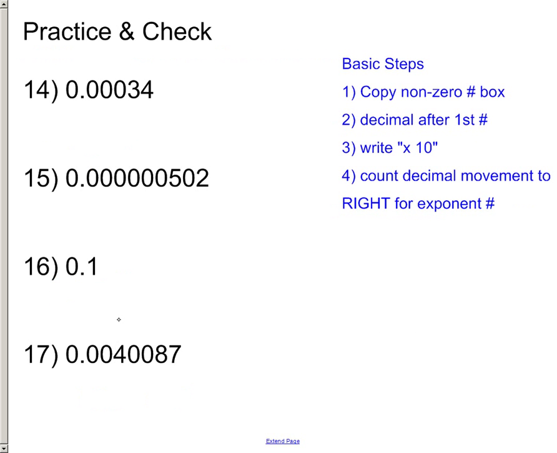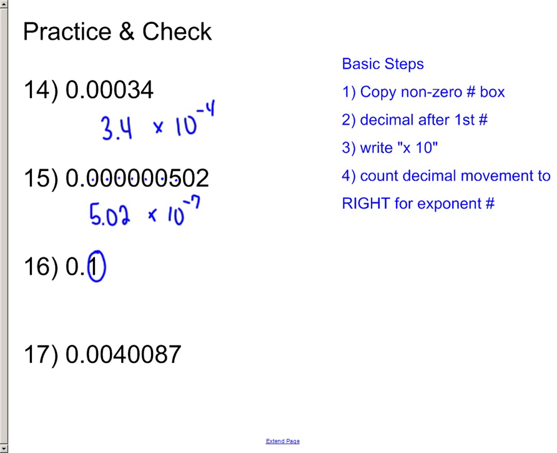Now, go ahead, pause the video, try these, hit play when you're ready. Okay, hopefully you've got 3.4 times, let's see, 1, 2, 3, 4, so times 10 to the -4th. This right here, the 502, that's what we need to copy down, decimal, times 10, and let's count it up. 1, 2, 3, 4, 5, 6, 7, so to the -7th power.